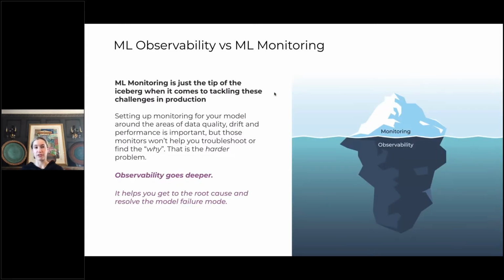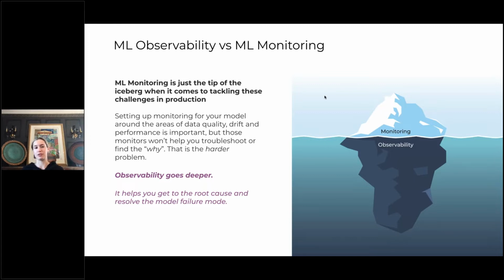So when I say ML observability, a lot of folks think of ML monitoring. But a key thing here is that ML monitoring is just the tip of the iceberg when it comes to tackling challenges in production. Monitoring is a great first step to managing your models in production, but it doesn't really get that root cause analysis, that troubleshooting workflow of figuring out why models are actually performing the way that they are.